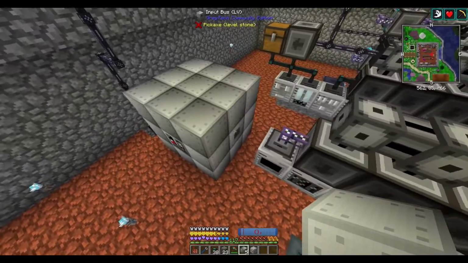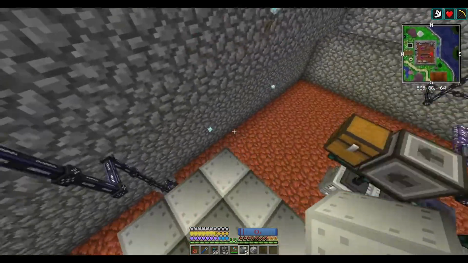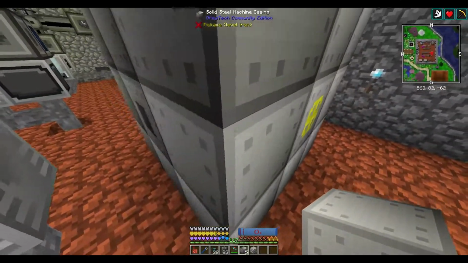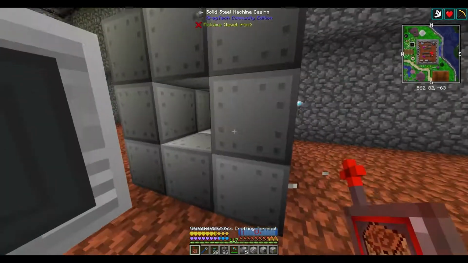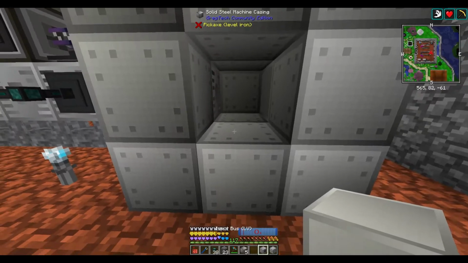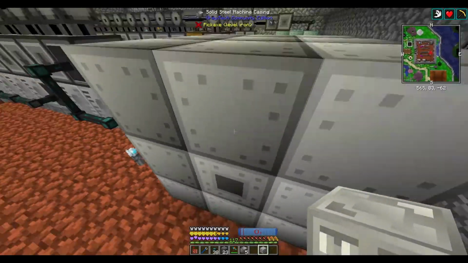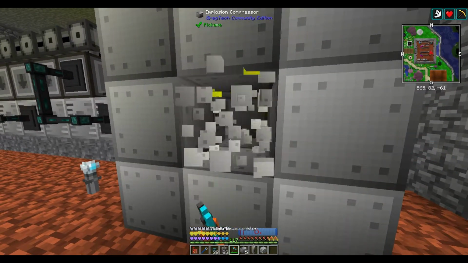And did it form? It formed. Nice. Is it HV? Just to make my life a bit easier, I'm gonna swap these two. And like so. I wonder, can you put outputs and inputs on the top?